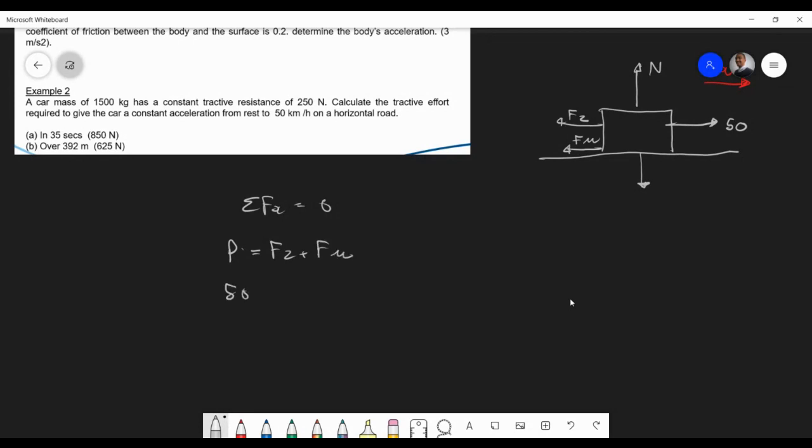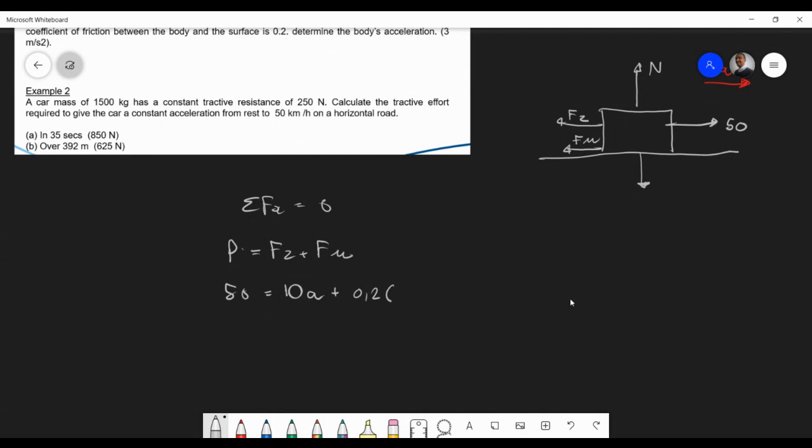Right? P is 50. Our inertial force. What's our inertial force? It's mass times acceleration. Do we have the mass? Yes, 10 kilograms. Oh, we're looking for the acceleration, plus mu. On the surface, we have 0.2 times the normal force.